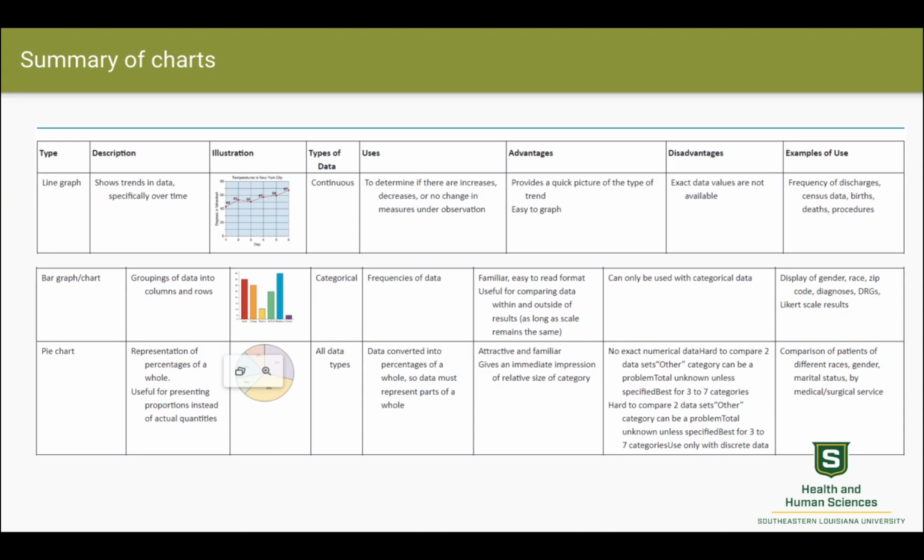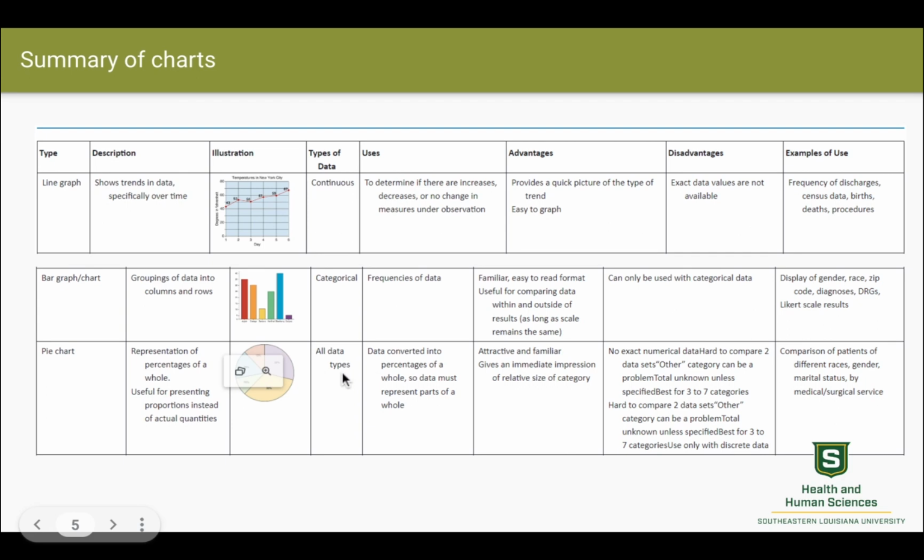So this is a summary of charts we have for this class. We are focusing on line charts, bar charts, and pie charts. You can see the descriptions, illustrations, and types of data. Line charts focus on continuous data, but you can use them in various ways.